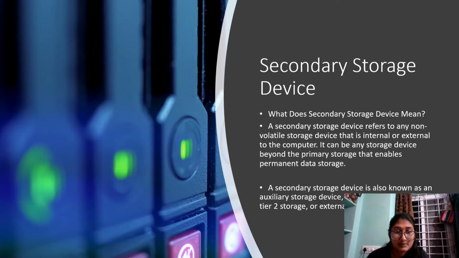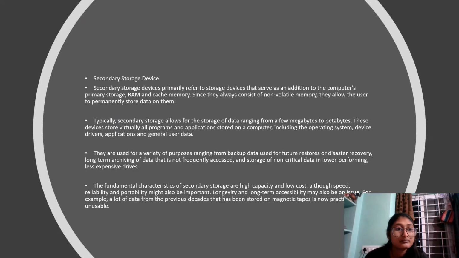Secondary storage device. What does secondary storage device mean? A secondary storage device refers to a non-volatile device that is internal or external to the computer. It can be any storage device beyond the primary that enables permanent data storage. Secondary storage is also known as auxiliary storage.